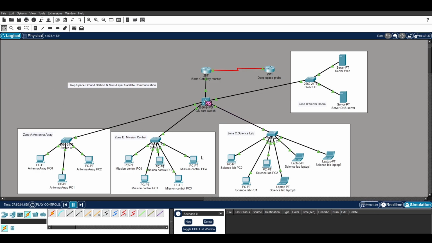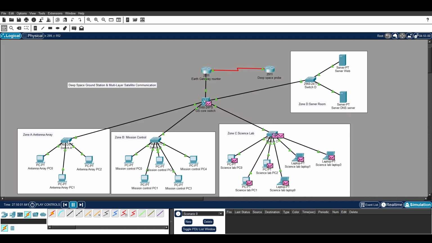So for these systems, I divided the GS core space as my main parts. I use the VLANs 10, 20, 30, 50, and 100 for all the parts. So I divided the four zones: the itinerary arrays, mission controls, science labs, and the server rooms.